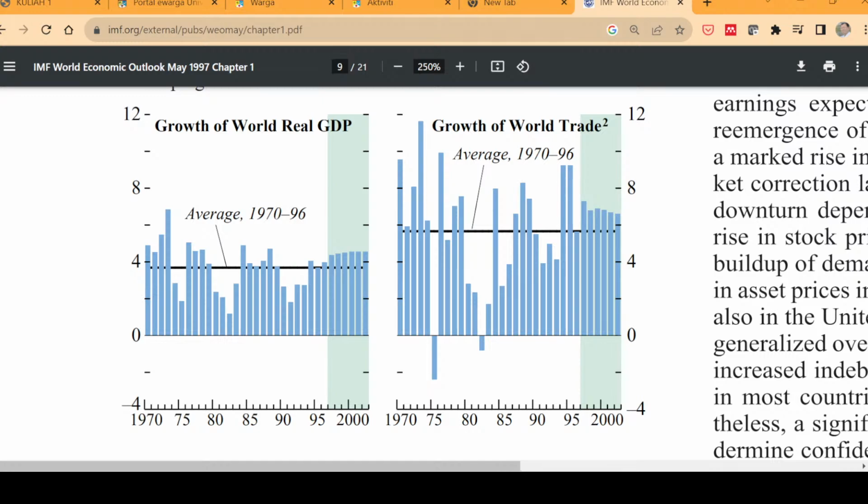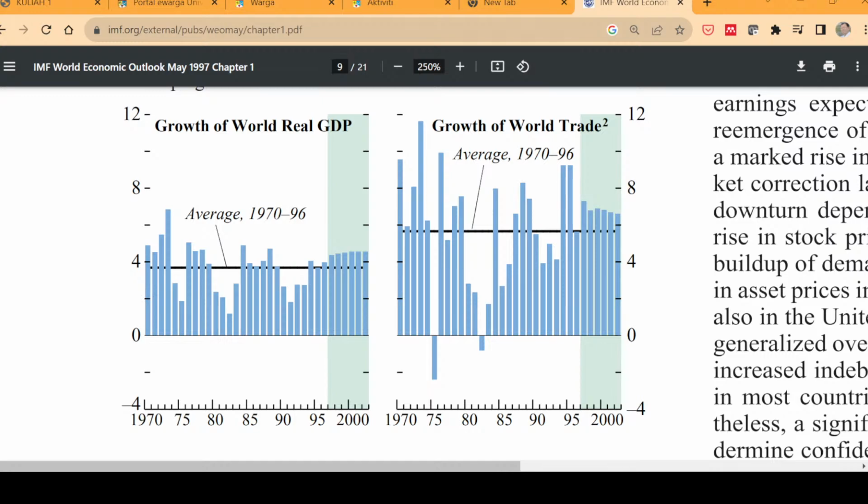That's number one. Number two, you notice that the fluctuation, how much the fluctuation with international trade or world trade is higher. Look at this, almost 12% positive. This is above 8%. Even negative is more than 1% negative.